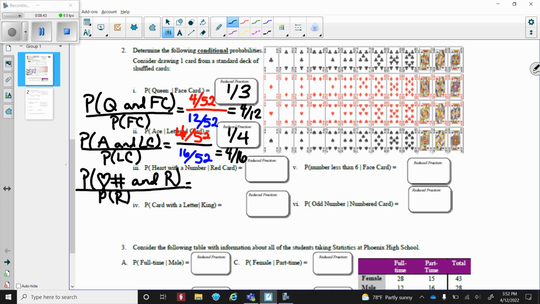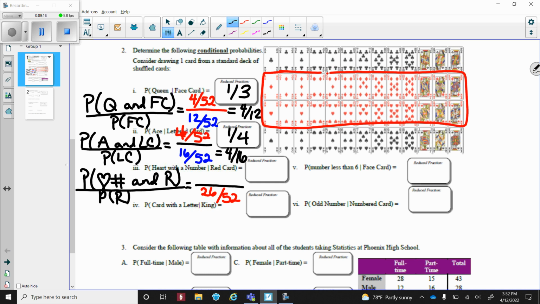So we want to start off with the probability that something is a red card. My red cards are shown in the middle. All of these cards in the middle are red cards. That is half of the cards in the deck. Half of 52 is going to give me 26. So my denominator here is 26 out of 52.